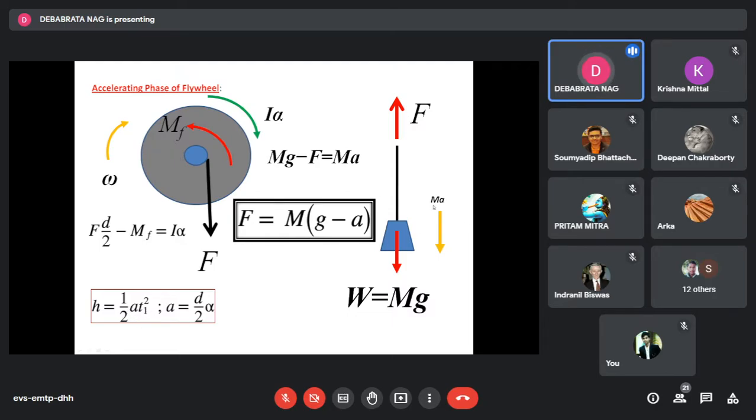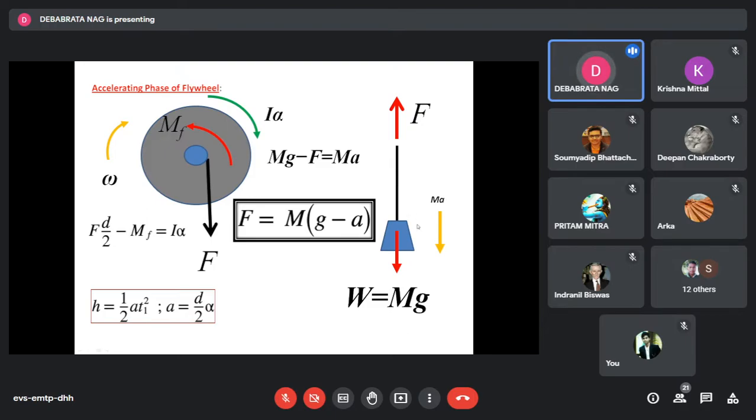Why do we take the acceleration as constant? Because we neglected the mass of the pulley and strings, and we assume the string to be inextensible. So the tension developed in the string will be constant. As a result, the acceleration of the falling body will be constant.